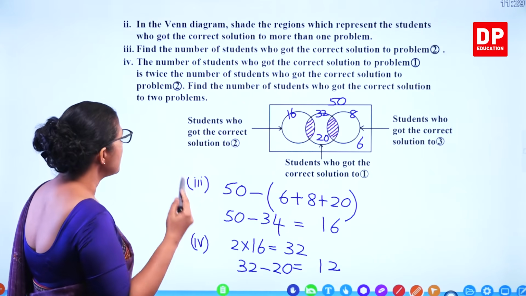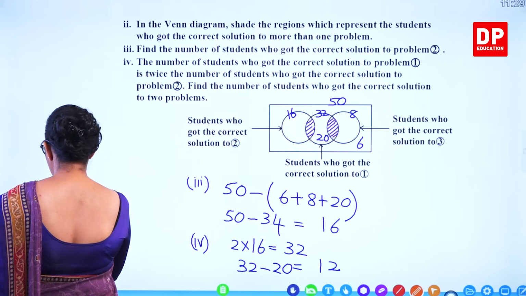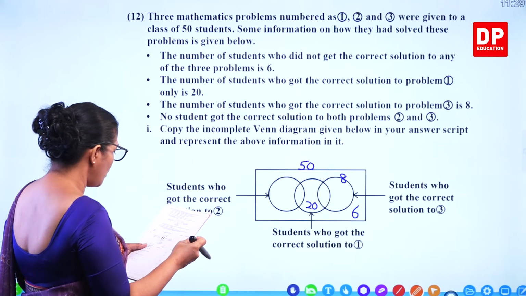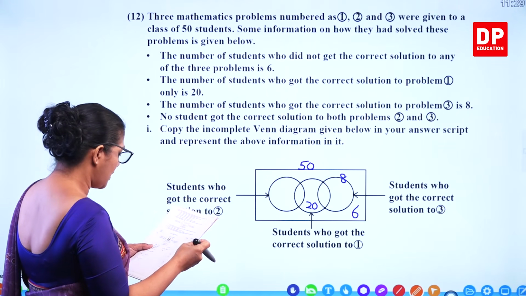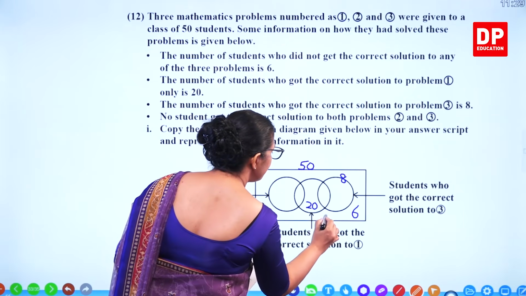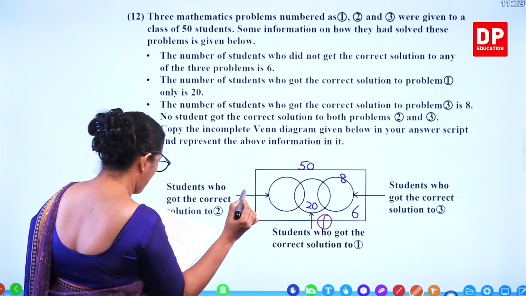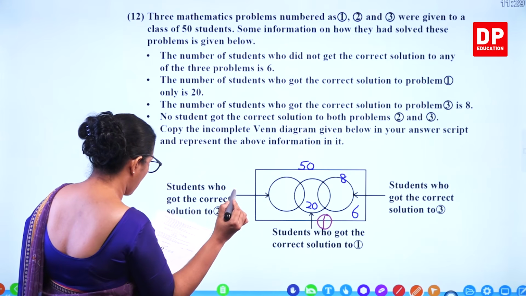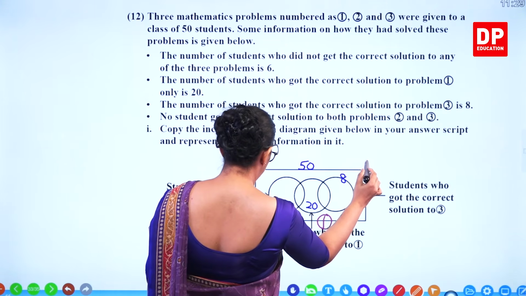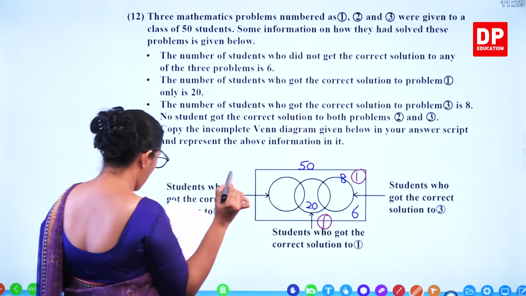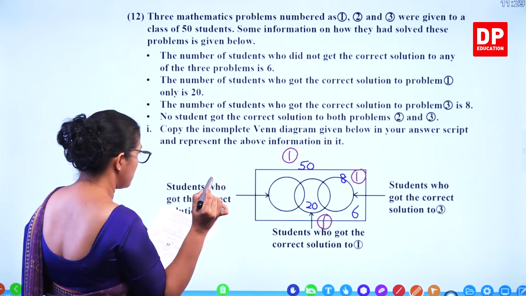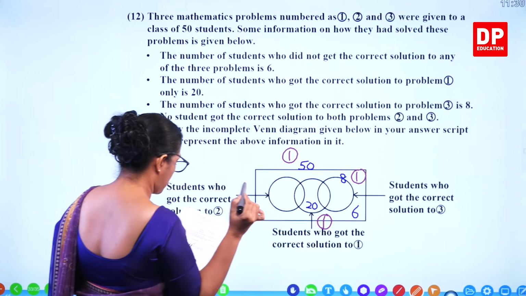So how you get marks? So we'll have a look at this one. So it says marking 20, 1 mark, correct region. And 8 marking 1 mark. And 50 marking 1 mark. And 6, 1 mark.